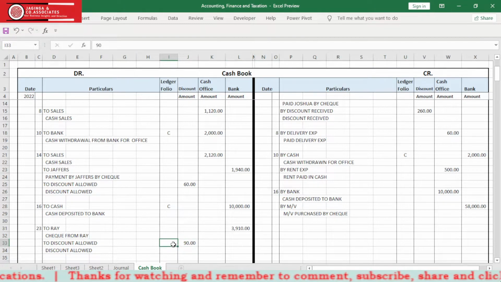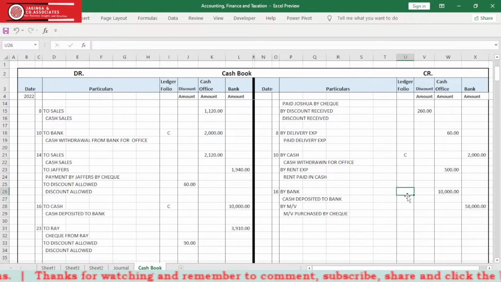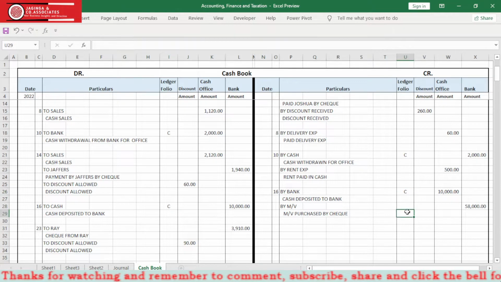The discount is supposed to be here, not here. And this 10,000 was a contra entry. So it's a contra entry in the sense that we are taking cash from bank and putting the same cash in hand. And then in the cash book we have the 3-column cash book. We have both cash and bank, and the cash has been taken from bank to cash account.